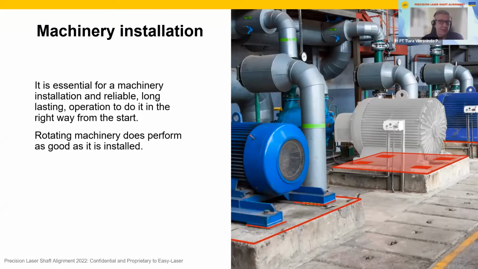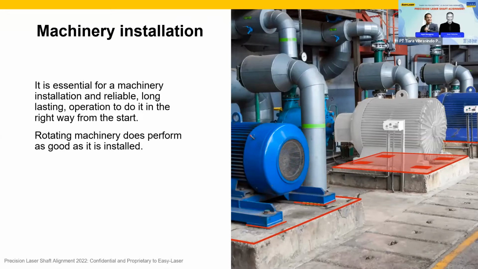Spending good money on new equipment but installing it wrong or by an inexperienced installer will potentially lead to downtime and unnecessary expenses. Monitoring the machine in its operation allows an earlier identification of possible failure, and it is something very essential.